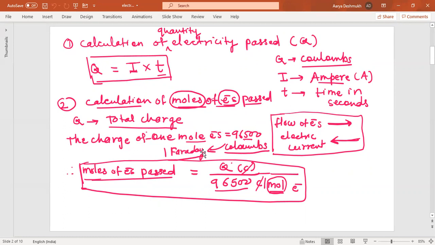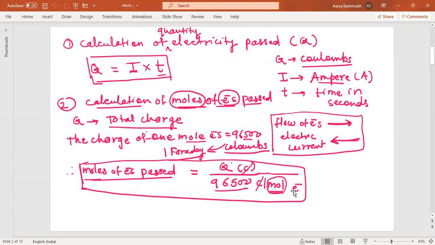The charge of 1 mole of electrons is equal to 96,500 coulombs, which is nothing but 1 Faraday. This is Faraday's first law. To calculate the moles of electrons passed, we use the equation Q divided by 96,500. Q is expressed in coulombs, and the charge of 1 mole of electrons is 96,500 coulombs per mole.